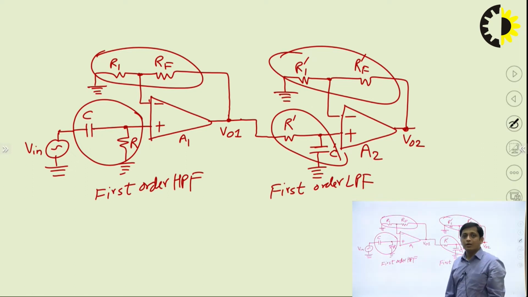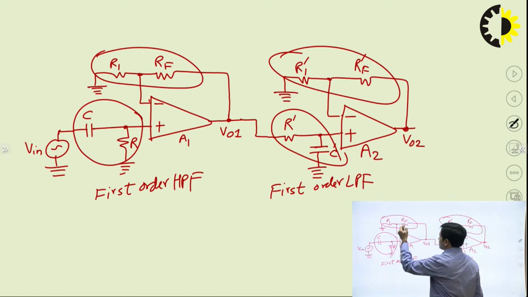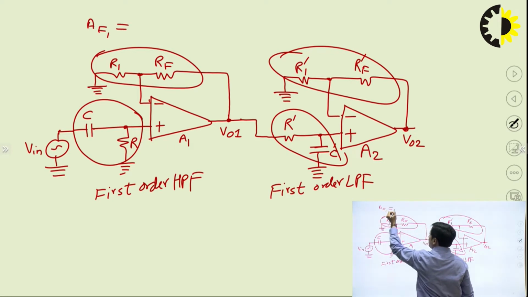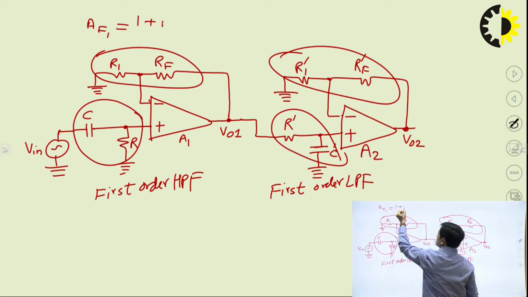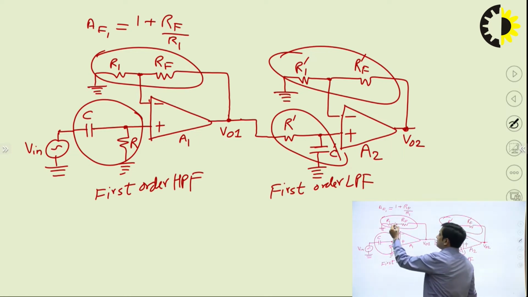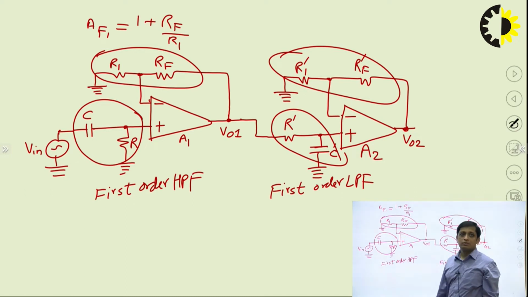If we calculate the pass band gain of the individual filters, let's say the pass band gain of the first order high pass filter is AF1, then AF1 will be 1 plus RF upon R1. You had derived this formula last semester also. This is for the non-inverting amplifier.